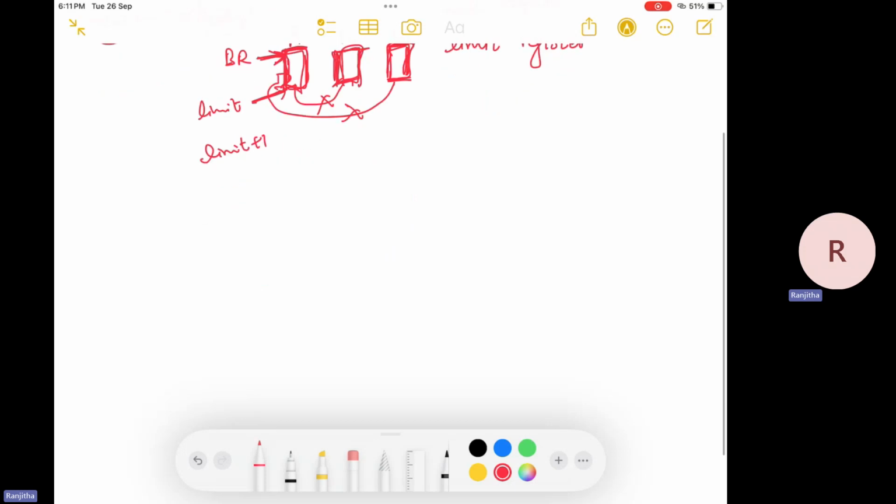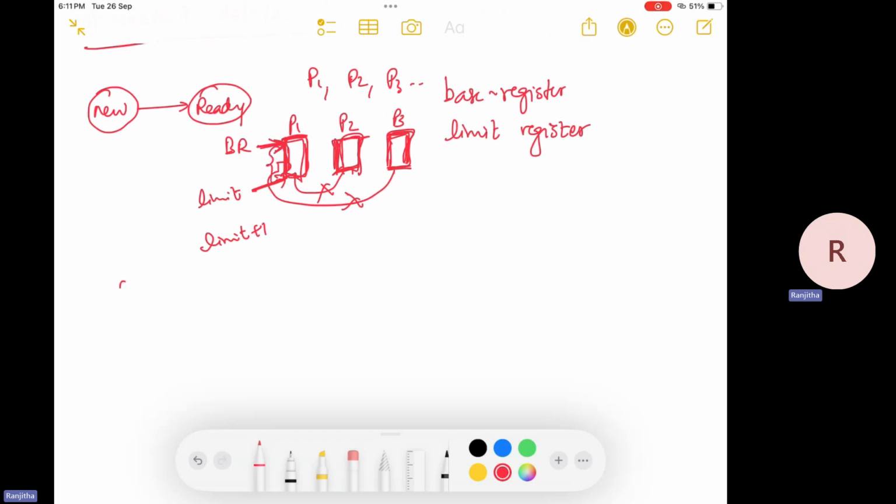Whenever the CPU gives an address, it first checks whether the address is within the range. The address should be greater than or equal to the base register, and the address should be less than base plus limit, since the limit is the range.